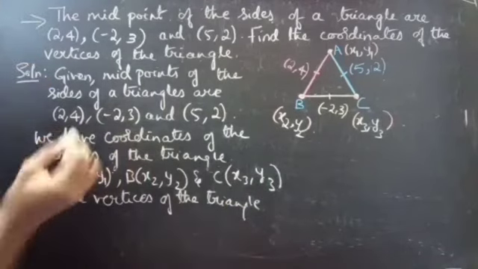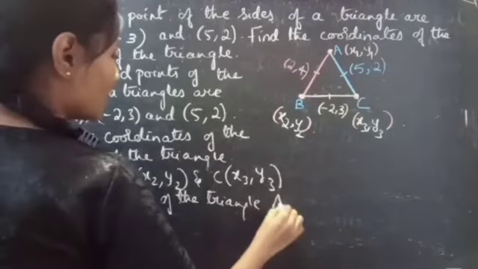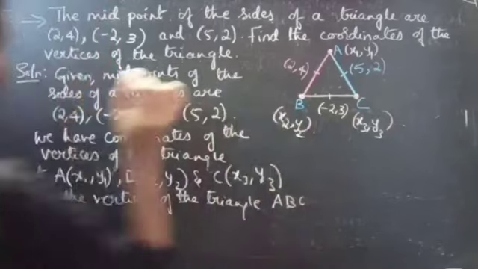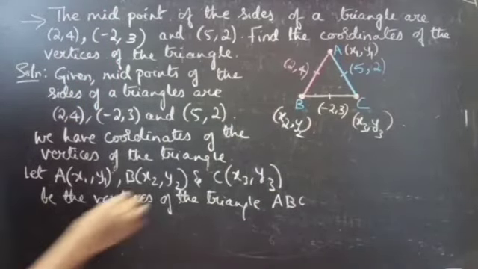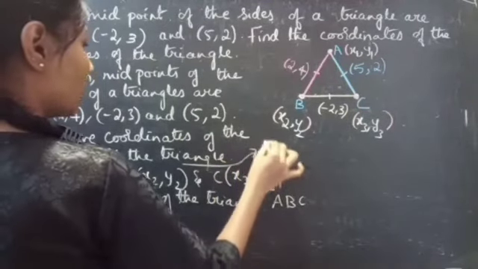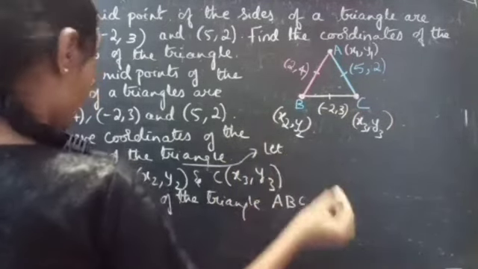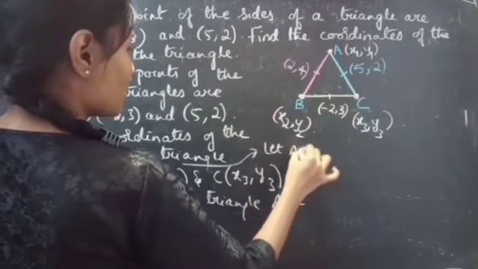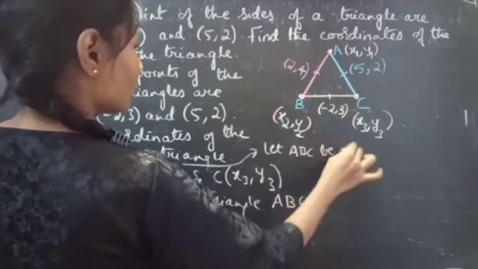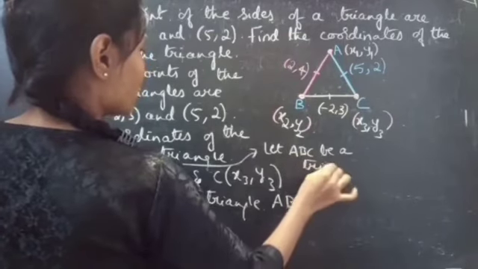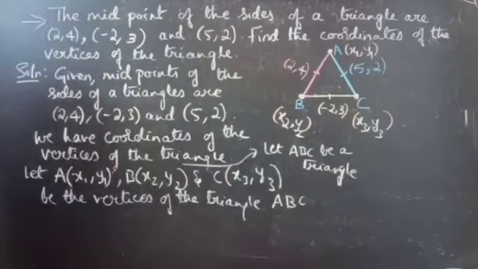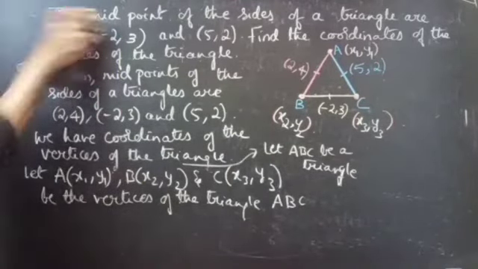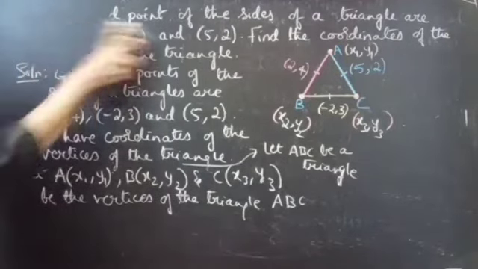We have already named it ABC. If you want, you can write this step: let ABC be a triangle. So now we are going to find the vertices of the triangle.